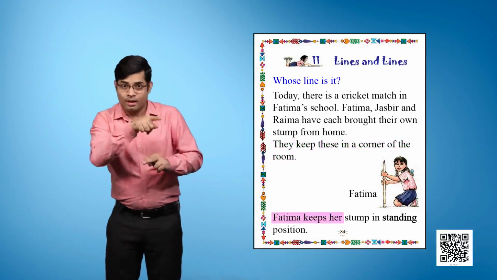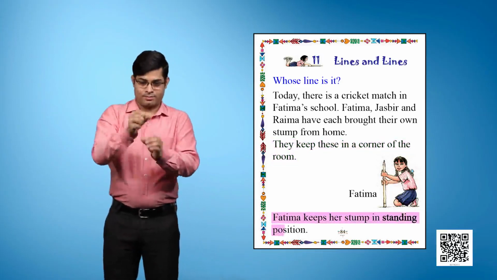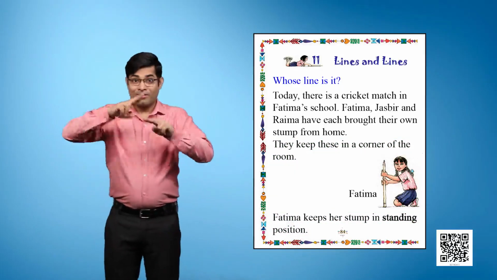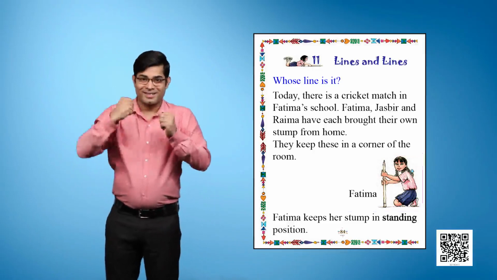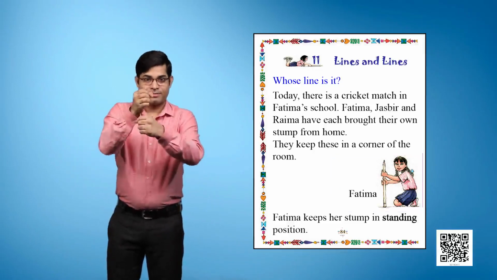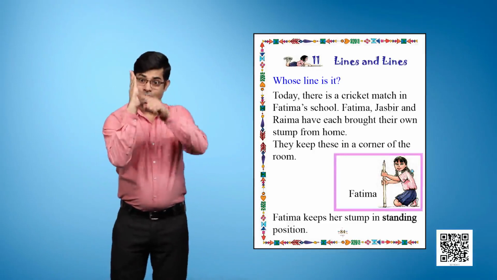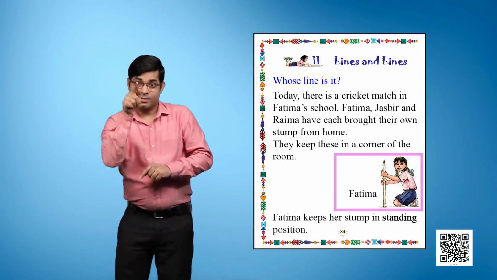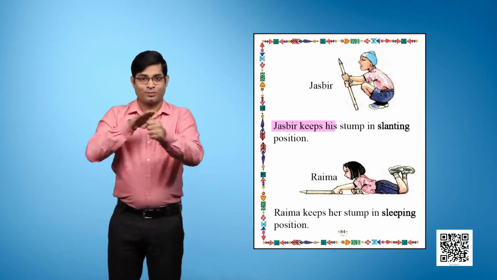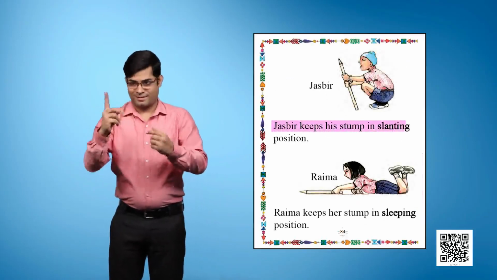Fatima keeps her stump in standing position. Picture shows Fatima is sitting on her knees, touching the ground and holding the stump in standing position. Jasbir keeps his stump in slanting position.